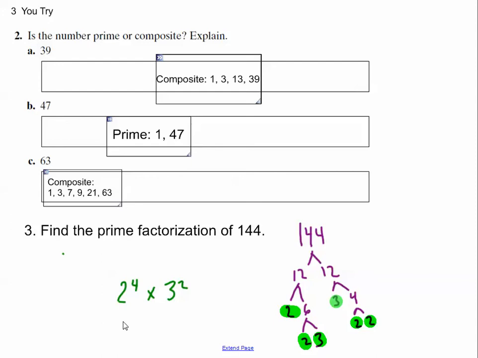So 2 to the 4th power gives me 16. 3 squared gives me 9. So when I do 16 times 9, I get 144. And this is the end with factors and prime factorization.